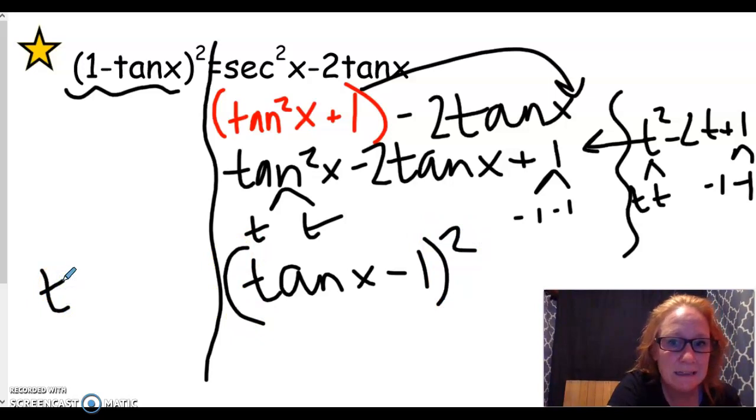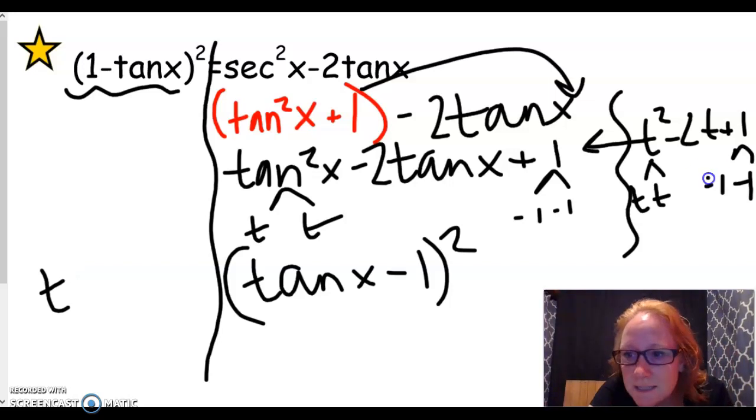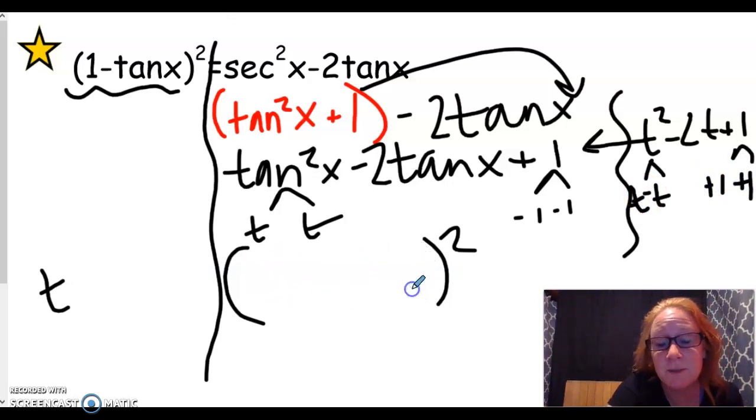Yay! Oh, it's backwards. Is that okay? It actually is, because I could say this is plus, and that's minus 1. So that's totally fine. I'm glad I looked. I can flip that around.